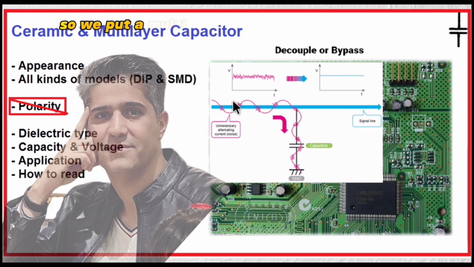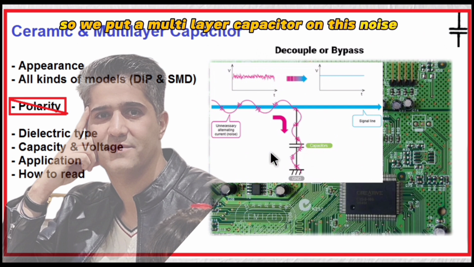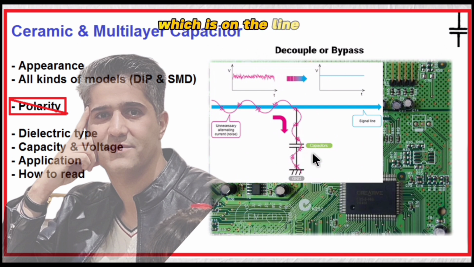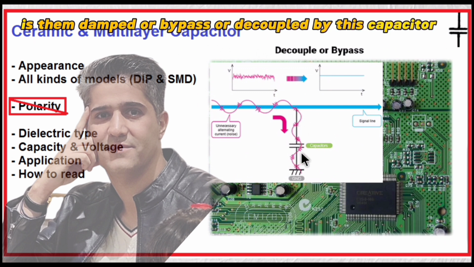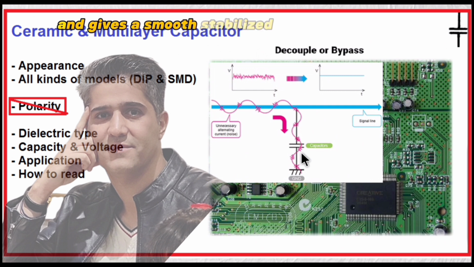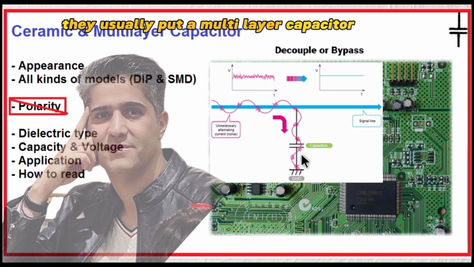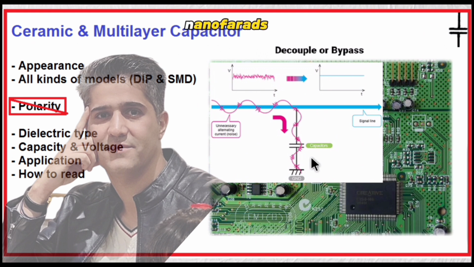So we put a multi-layer capacitor on this noise, which is on the line, is damped or bypassed or decoupled by this capacitor and gives a smooth stabilized voltage to the IC. Therefore, they usually put a multi-layer capacitor of 1000 nanofarads next to the power supply of ICs.